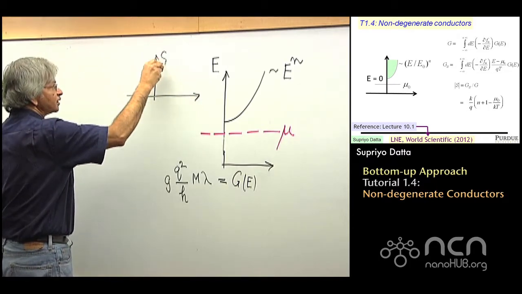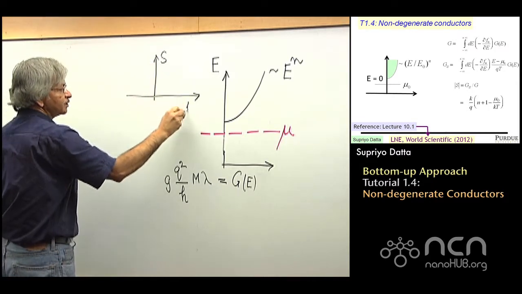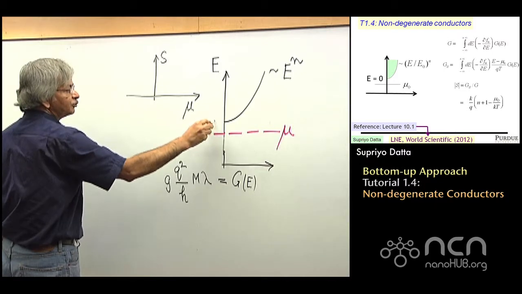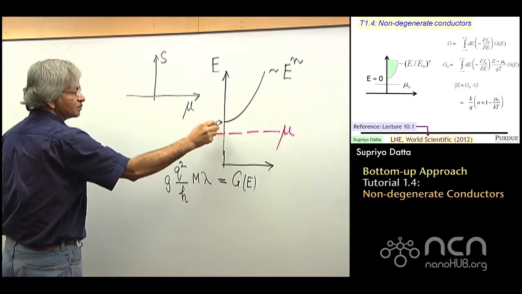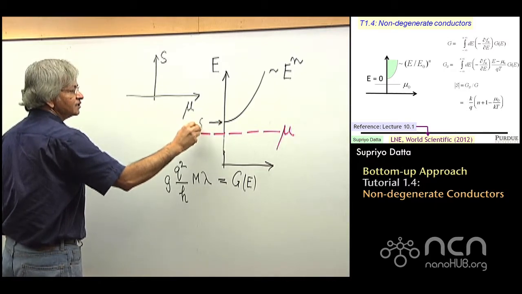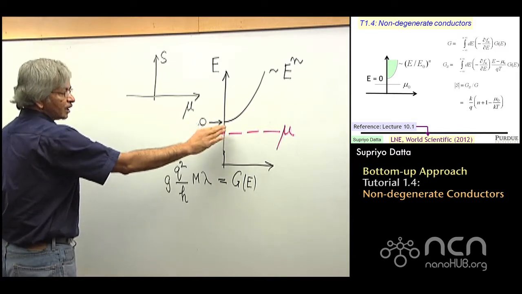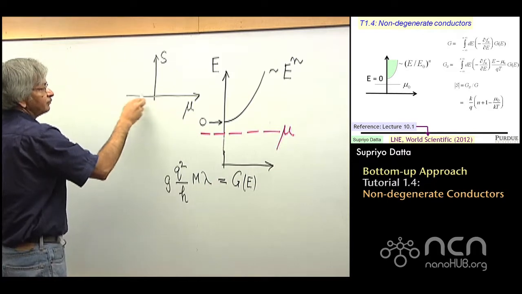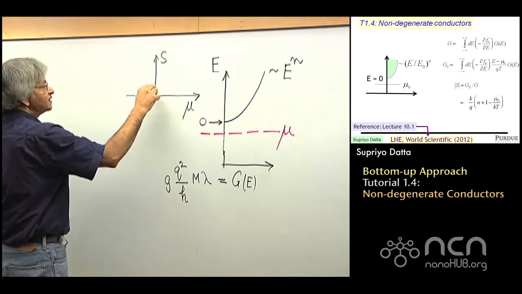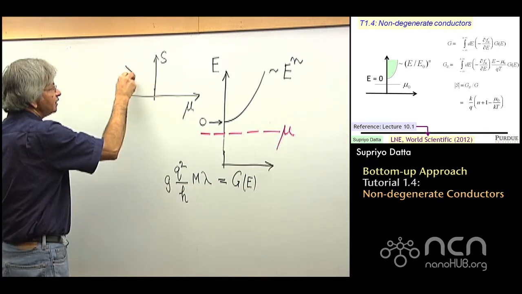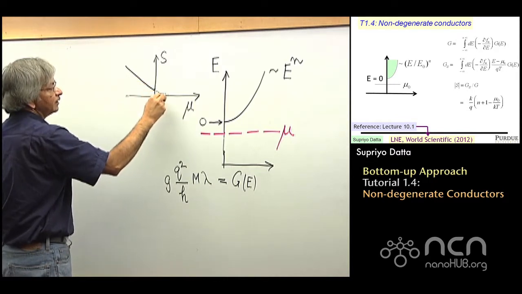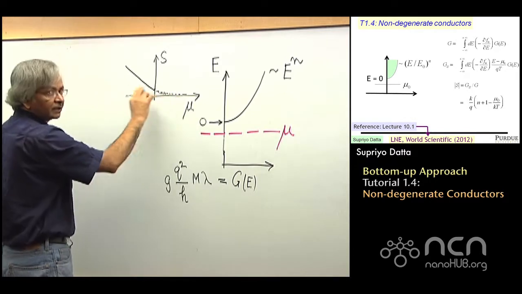This is the Seebeck coefficient. This is the chemical potential, the location of the chemical potential relative to the bottom of the band. So the bottom of the band is what I'll call the zero of energy, and everything's measured from there. Now, if mu is negative, then the Seebeck coefficient increases linearly. On the other hand, on this side, it gets smaller and dies out.